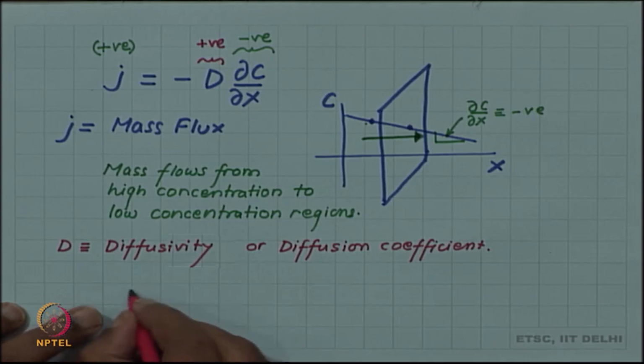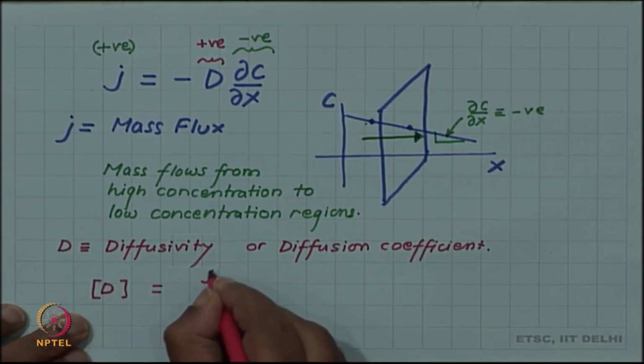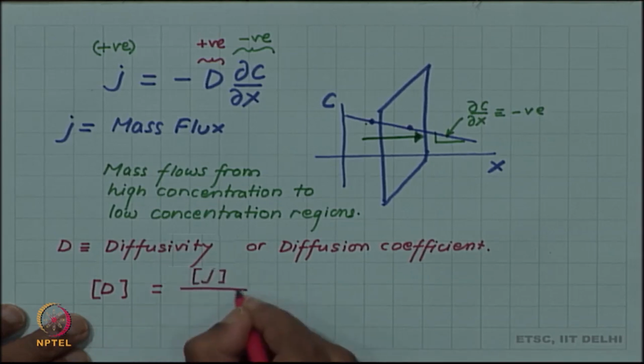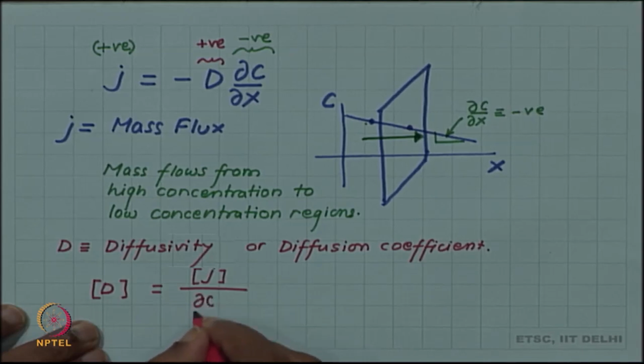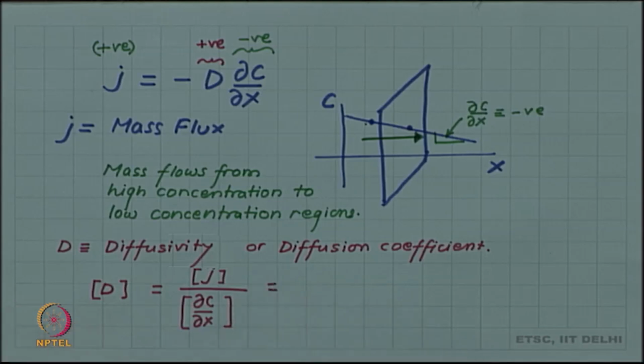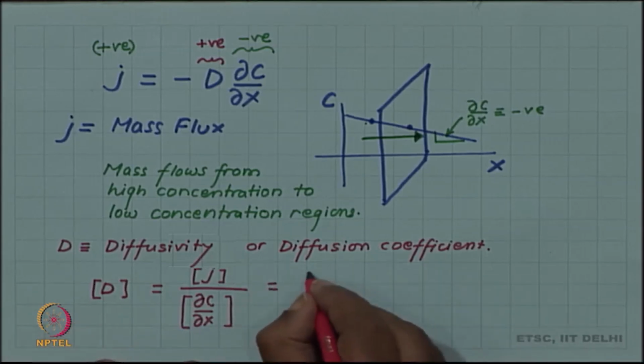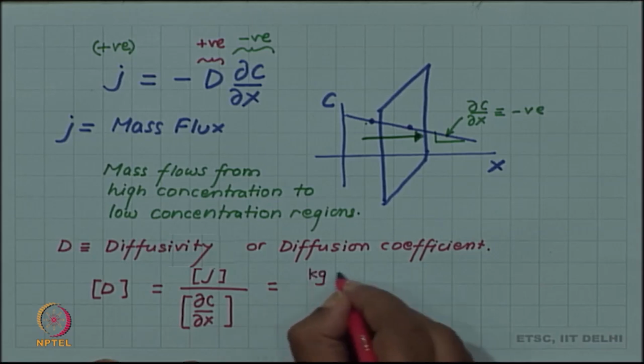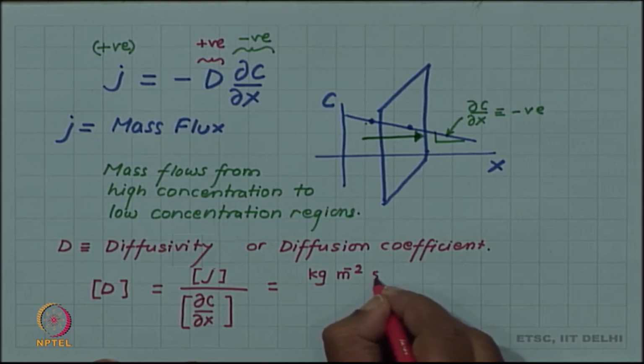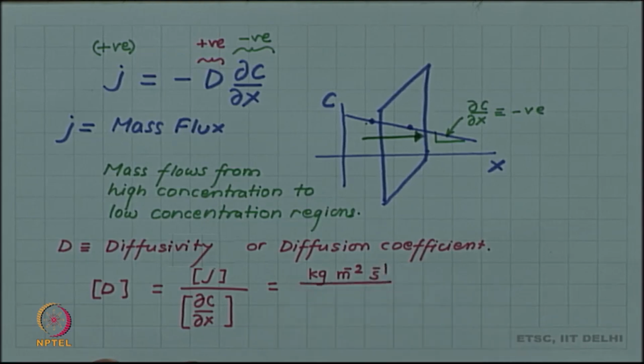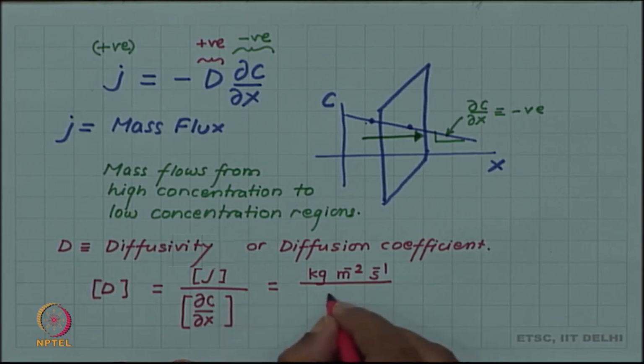You can see the consistency: the dimension of D will be the dimension of J divided by the dimension of the concentration gradient, and if we write it in terms of units, J is kg per meter square per second, and for the concentration gradient, I insisted that if you want D to be meter square per second, concentration should be the volumetric concentration.